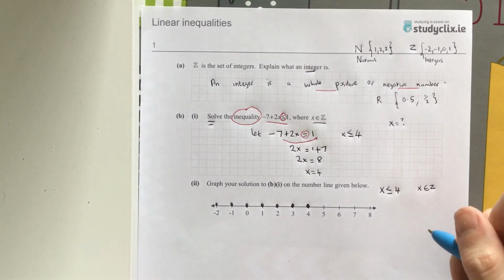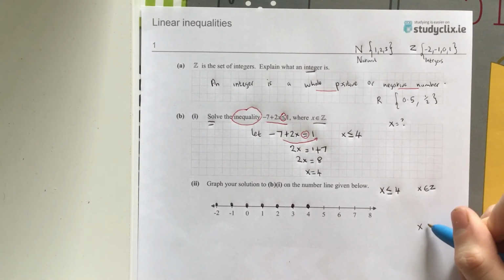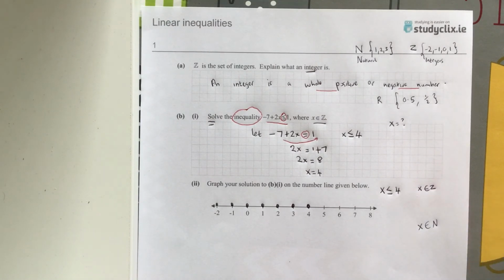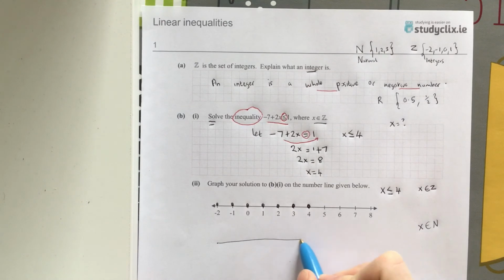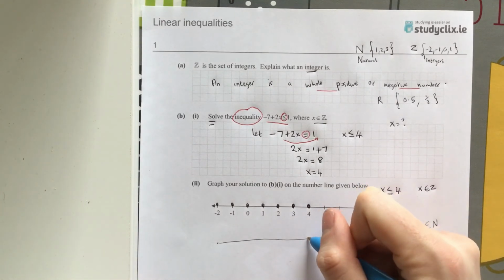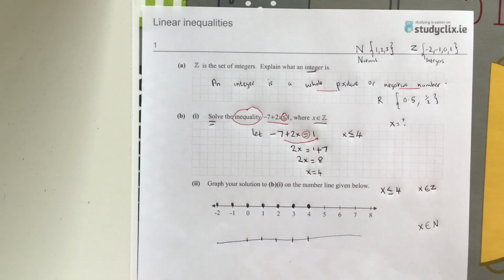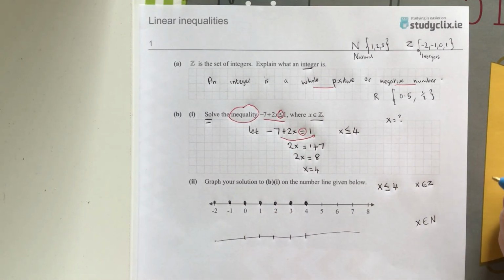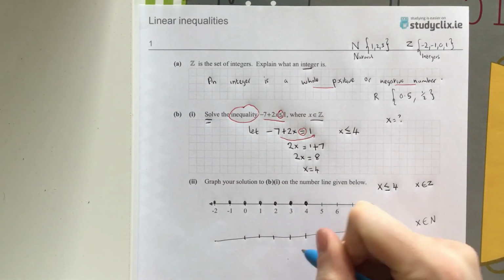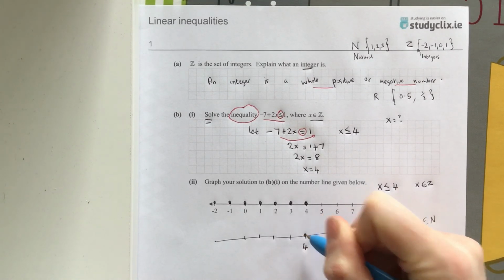Say, for example, if I was told x is an element of N, natural numbers, and x is less than or equal to 4, then I wouldn't include all of these numbers. 4 would be included, so we could put a circle on that.